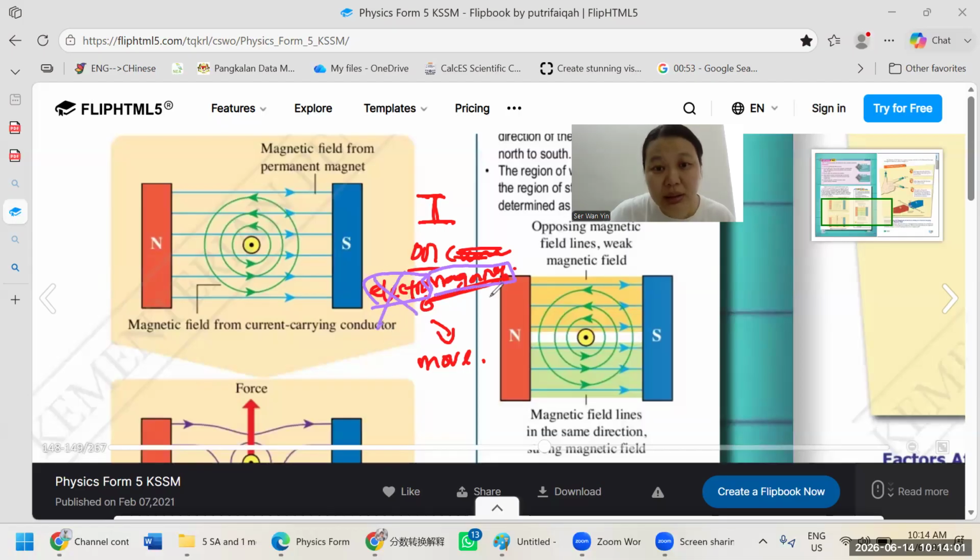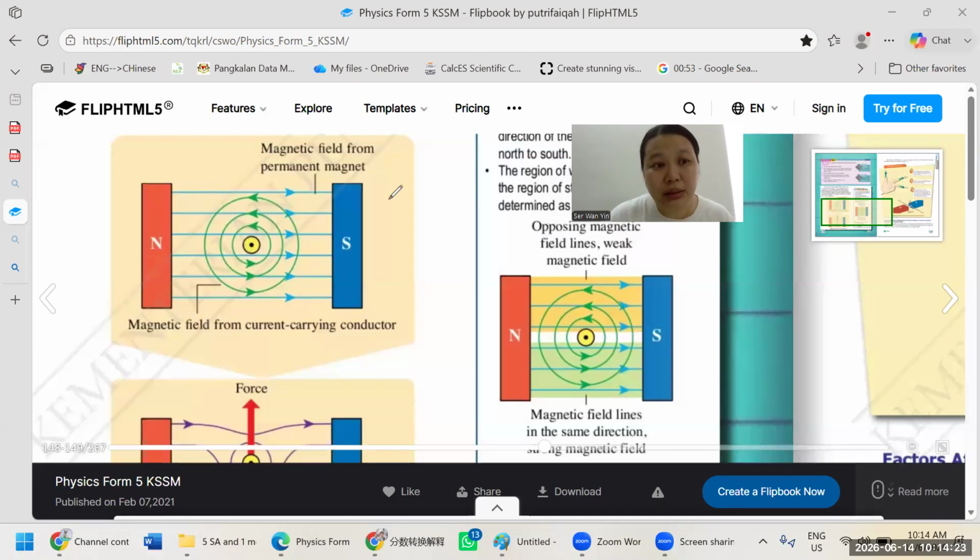No current, no magnet. That day the rod is a temporary magnet. It means got electricity, got magnet. No electricity, no magnet. So the interaction is between the permanent magnet and this one, which is the electromagnet.